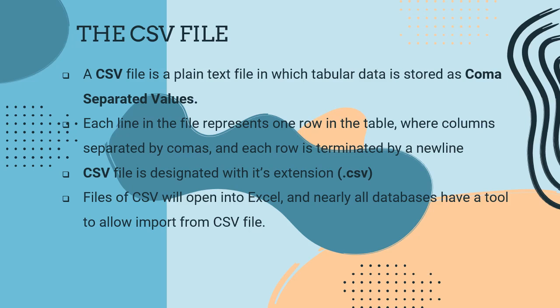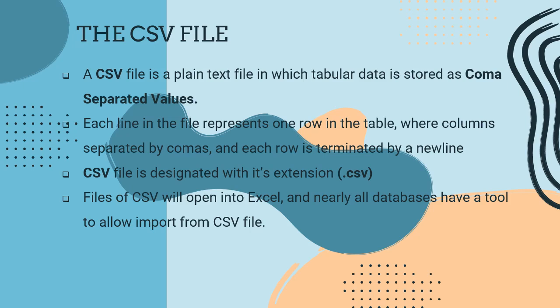A CSV file is a plain text file which stores tabular data, or tables, in the form of comma separated values. Each record, or each row in a table, is represented as a line, and each column is separated by commas.